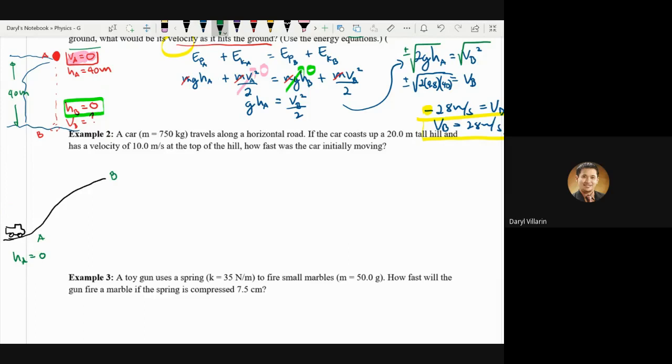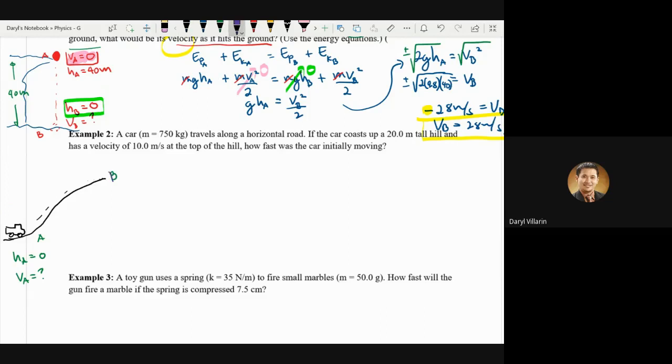Initially moving, so that means at point A, that's a question mark. I don't know how fast it's moving, but it moves in such a way that it reaches the top.